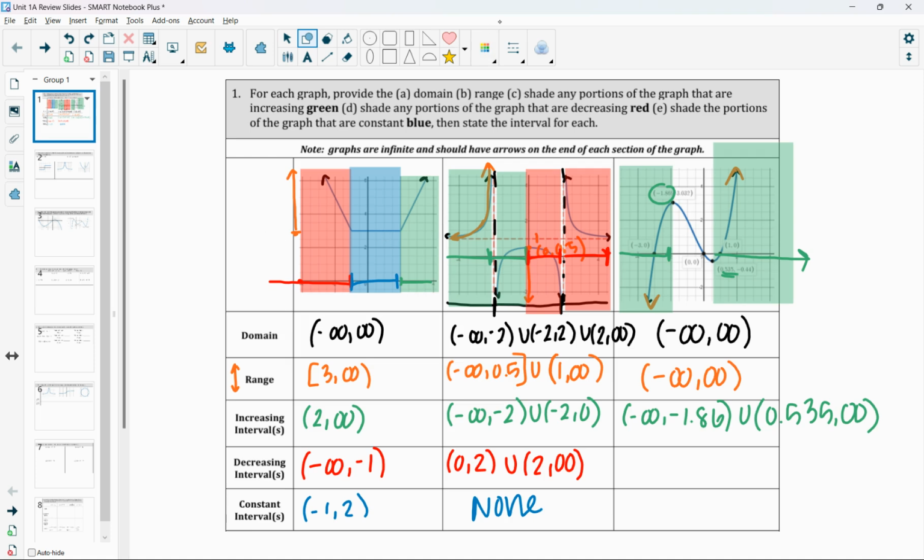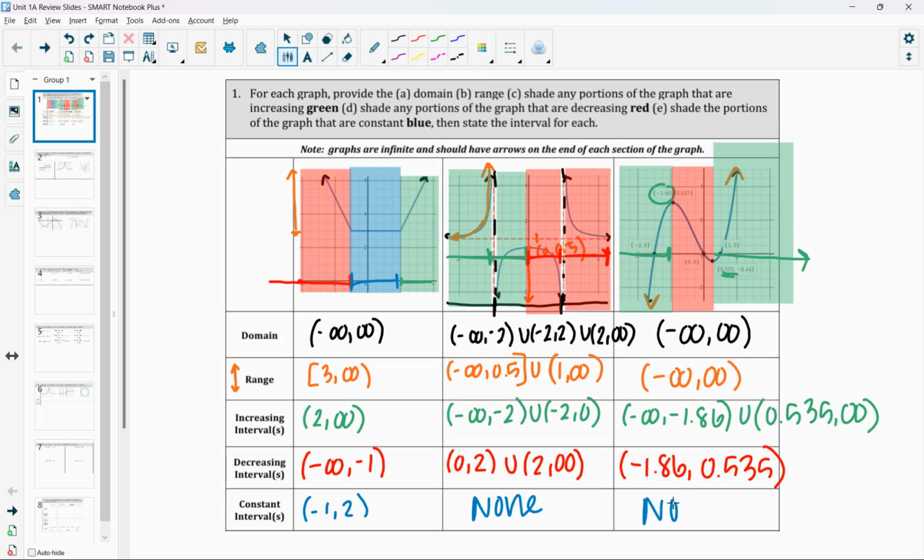So the function is going down as we look at it left to right between the max and the min. So then when you name that interval, you'll use those x values from the max to the min. So it starts decreasing at negative 1.86 up until 0.535, where it starts increasing again. And then this one also has no constant area. Okay, so no flat parts.